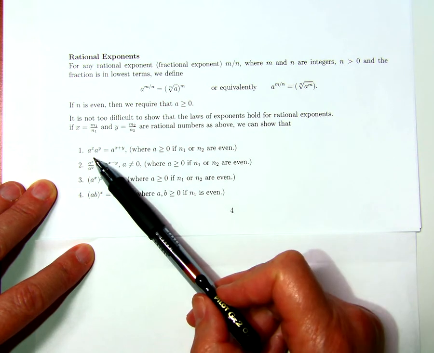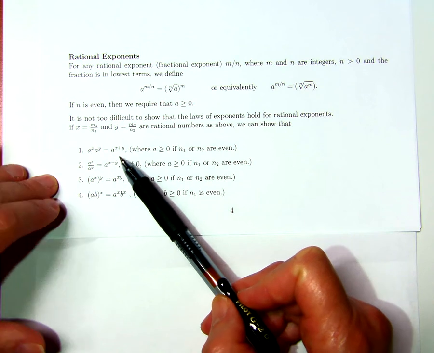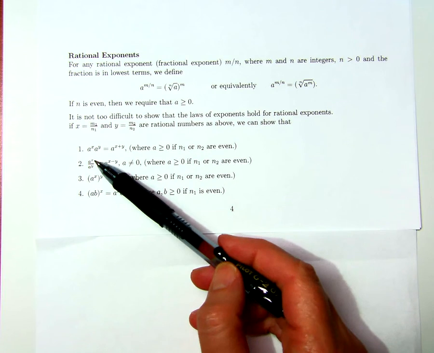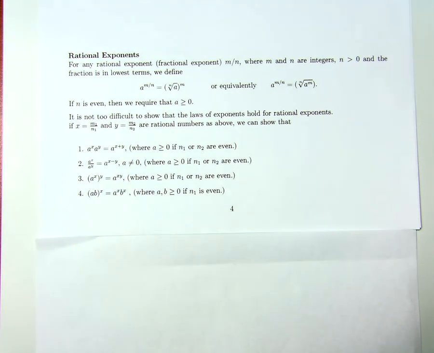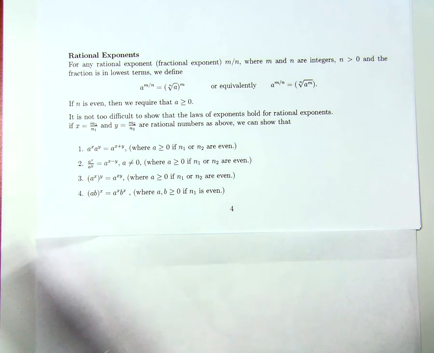So we have a to the x times a to the y is a to the sum of the exponents. And if I divide powers of a, I subtract the exponents. If I take a power of a and raise it to a new power, I multiply the exponents.